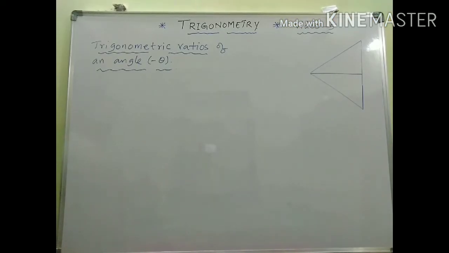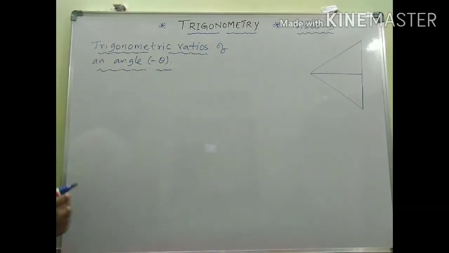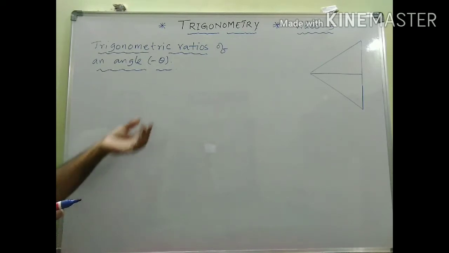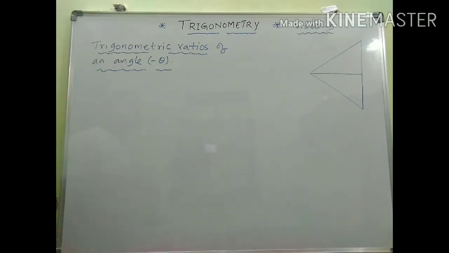So, first of all, let us discuss the trigonometric ratios of an angle minus theta. Till now we discussed that angle as theta. Let us see if theta is negative, then how these trigonometric ratios are going to change.